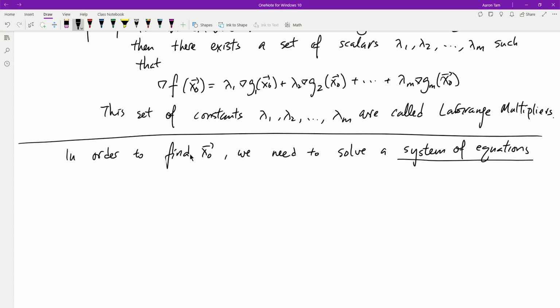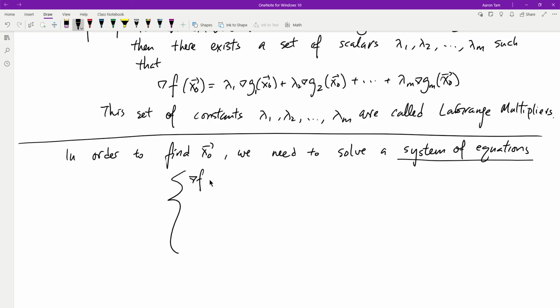As a matter of fact, I'm going to say that the majority of you have actually never learned how to solve a non-linear system before. So the most difficult part of the problems that we're going to be doing will be to solve the system. But what is this system? Well, this system will consist of the following equations.